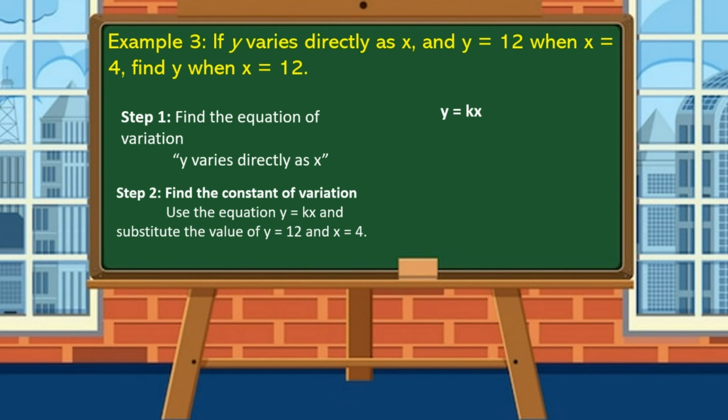We have now here our equation y is equal to kx. Substituting the values, we have 12 is equal to k times 4. K times 4 is 4k, so that we have 12 is equal to 4k. Divide both sides by 4 so that we have k is equal to 3.